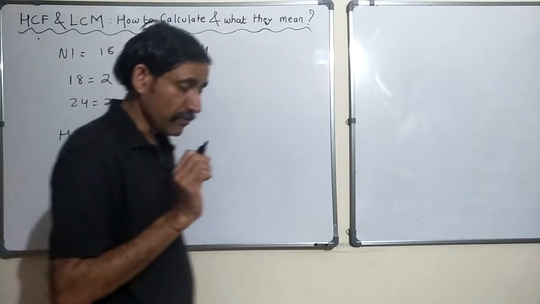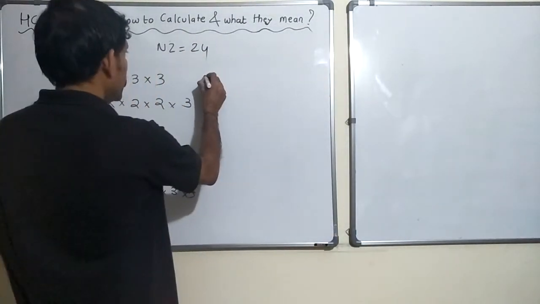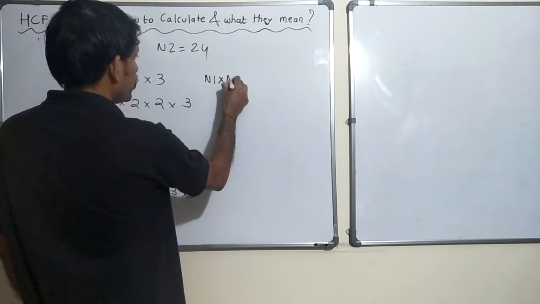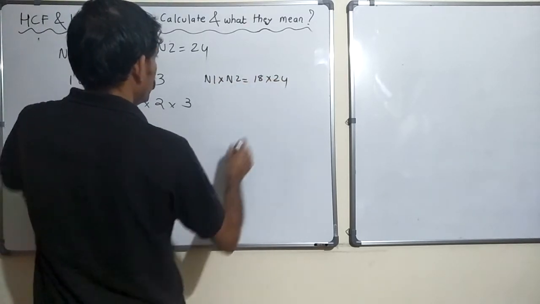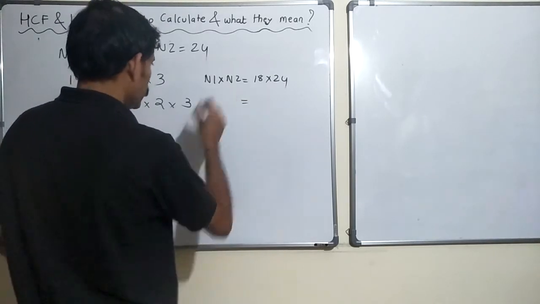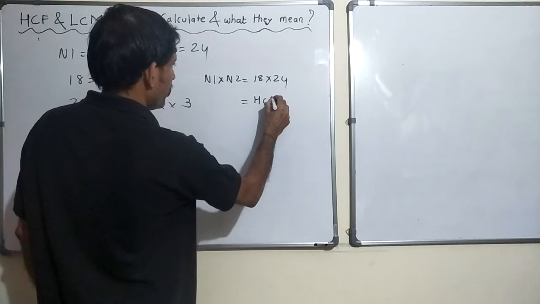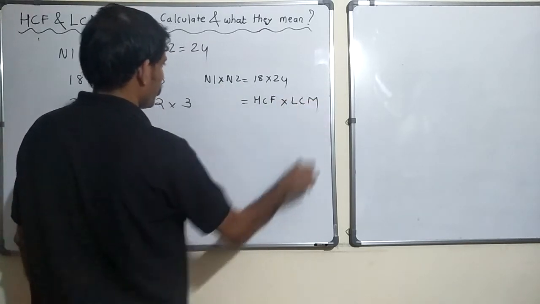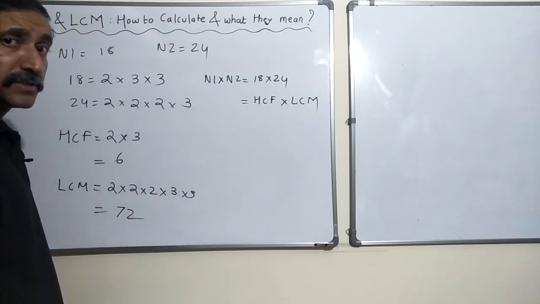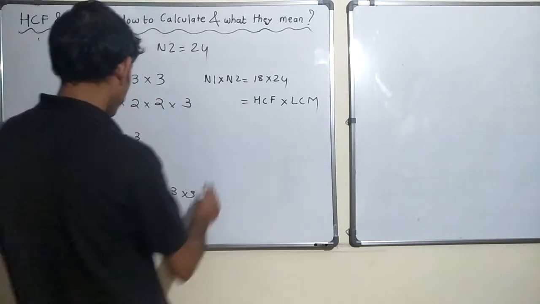So when you have two numbers, right, the result is n1 into n2, 18 into 24, okay, is equal to HCF of these two numbers into LCM, okay. So this is the result. Let's verify whether that is correct, okay.